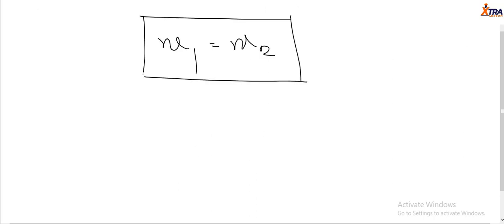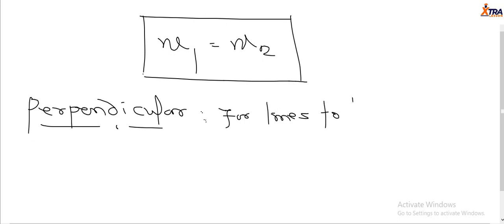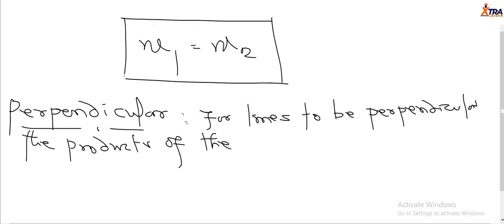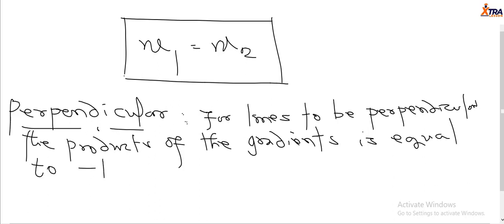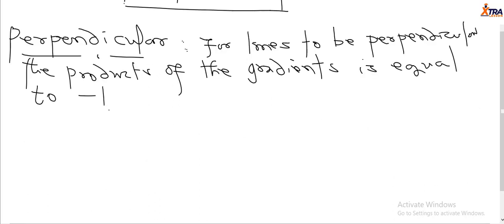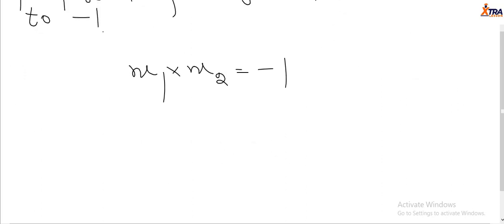M2. That is parallelism. For perpendicularity, for lines to be perpendicular, the product of the gradients is equal to -1. That is, M1 times M2 must be equal to what? -1. Then we have M1 M2 equals to what? -1.